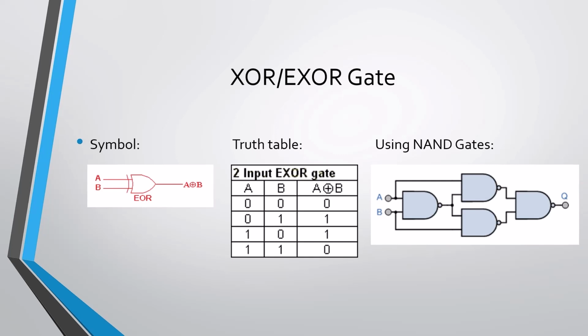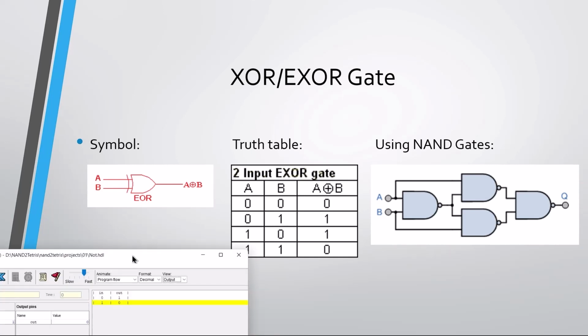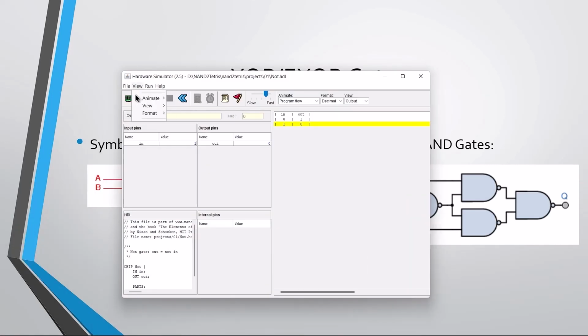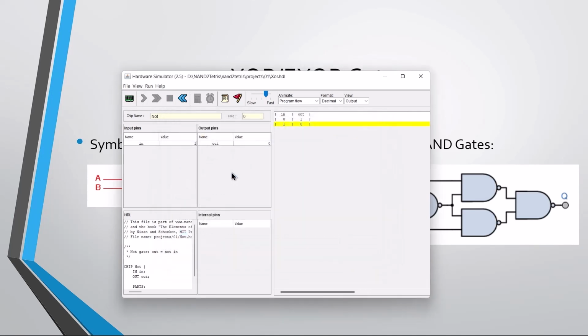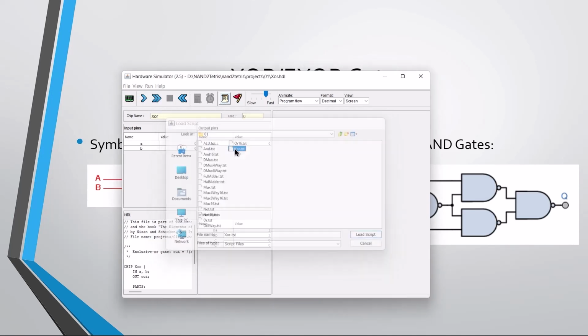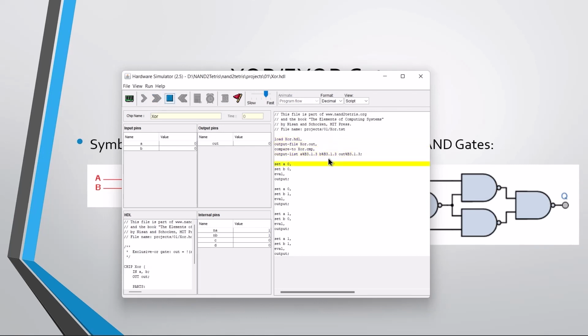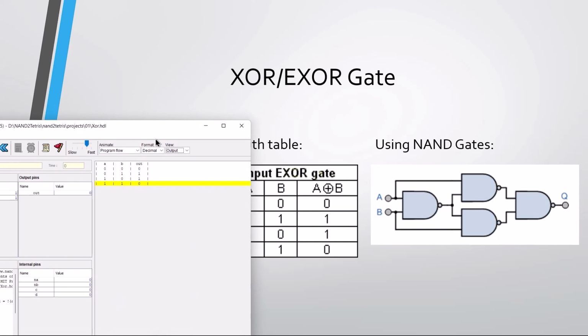The symbol, table and representation using NAND gates, and this is its implementation in the simulator. We can see here 0110 and 0110.